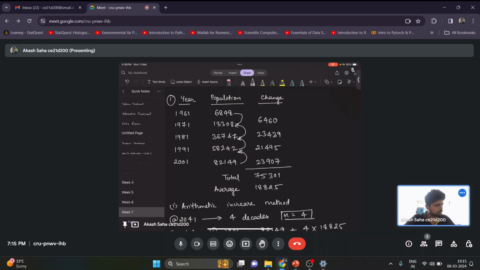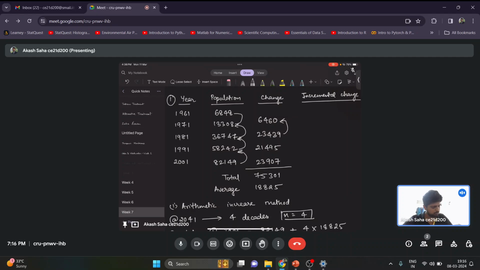Now instead of the percentage change, we'll find out the incremental change. It is nothing but the change in the change column. So again, we will subtract 6460 from 23439.